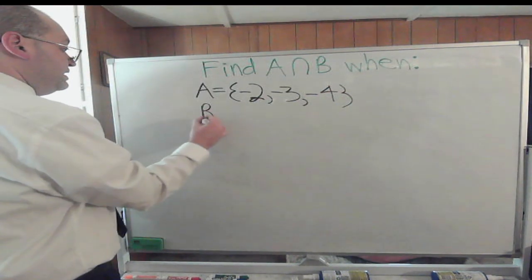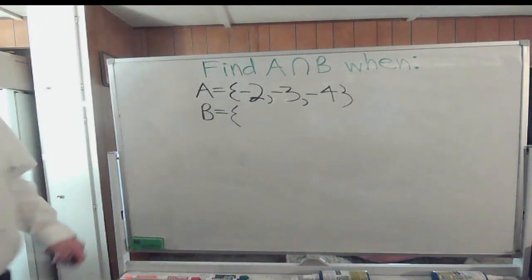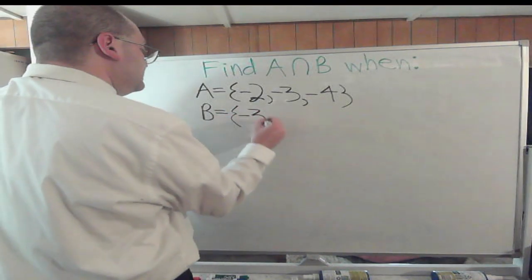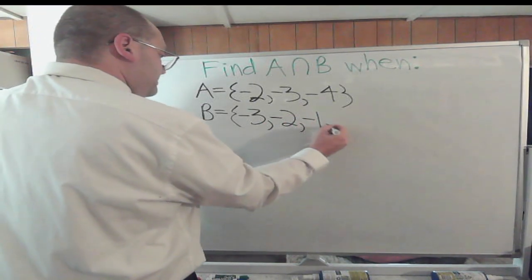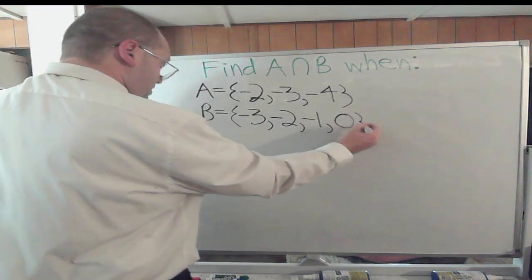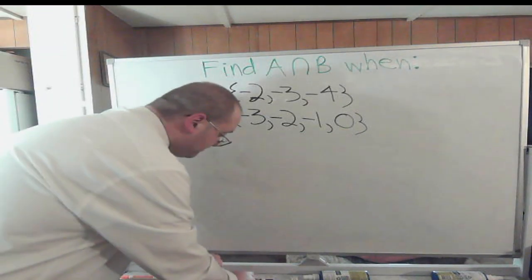Then set B will have the members -3, -2, -1, and 0. So those are your 2 sets.